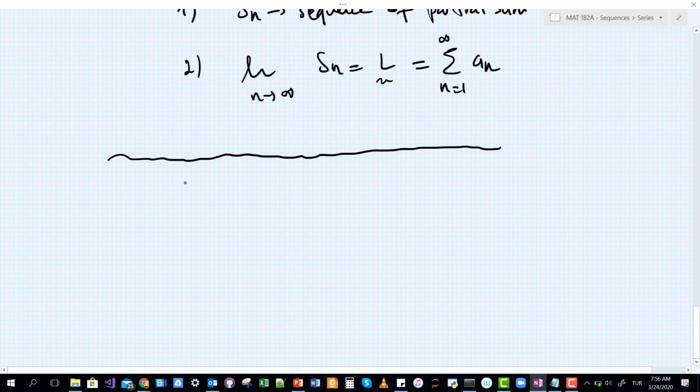Okay, now we can look at some examples, a couple of examples of the type of question we can solve using this definition, guys. As I mentioned before, finding the sum of a series using this technique is not going to be easy.